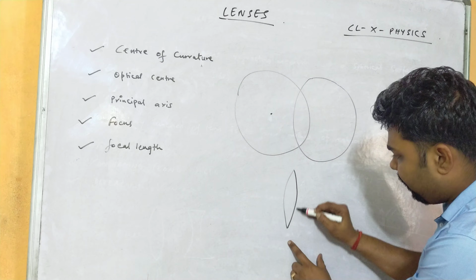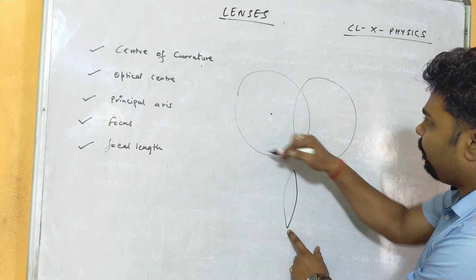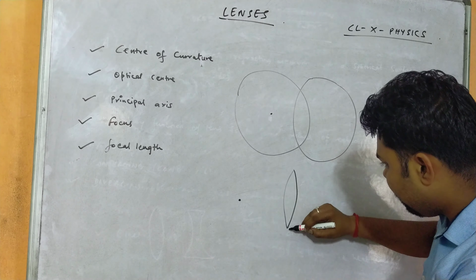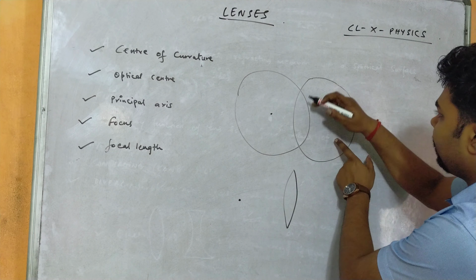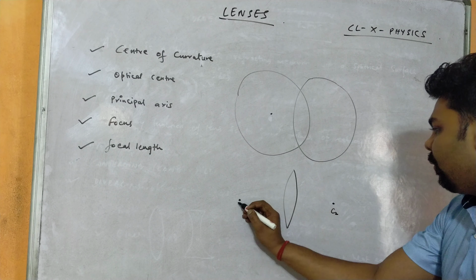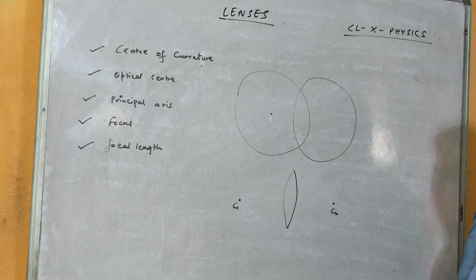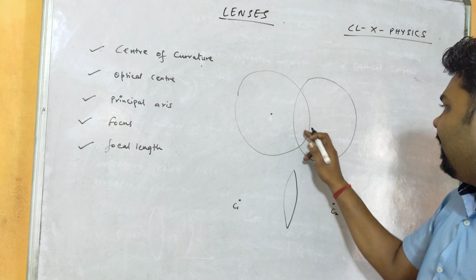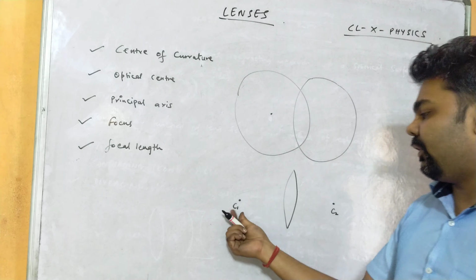For this surface, if I consider this is a part of the first sphere, that means this surface's center is on the left hand side, and this curved surface is a part of the second sphere, which has its center of curvature on the right hand side, that means C1 and C2. These are the centers of curvature, right? So it is the center of a sphere of which the lens is a part. This is the definition of center of curvature.